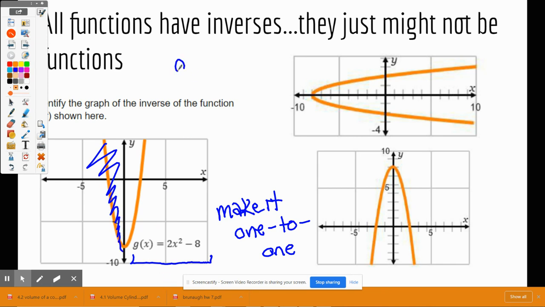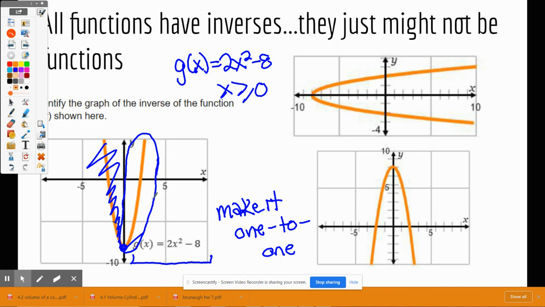So we'll talk about g of x, which is 2x squared minus 8, but we're only going to look at half of it where x is greater than or equal to 0. And when that's the case, I'm only switching the ordered pairs for this half, which would be the top half, and then that guy is a function.